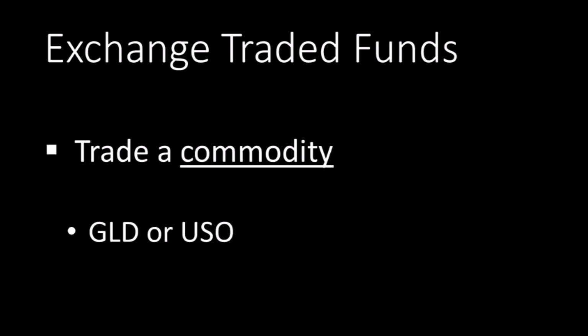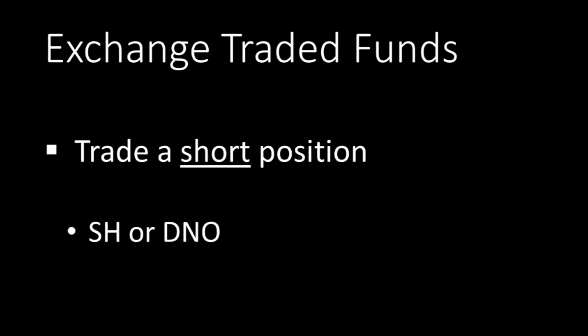Now, continuing down the spectrum of uses for ETFs, ETFs are an excellent way for you to trade in a commodity. For example, owning GLD, which invests in gold, or owning USO, which invests in oil. There are literally hundreds of different ETFs that will allow you to invest in a specific commodity. And finally, that brings us to yet another purpose for exchange-traded funds, and that's to trade a short position.